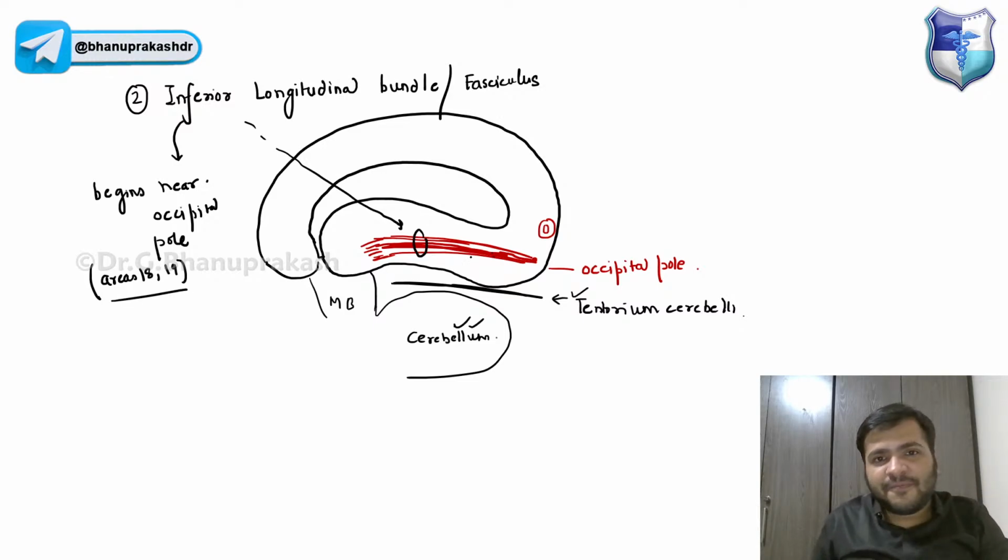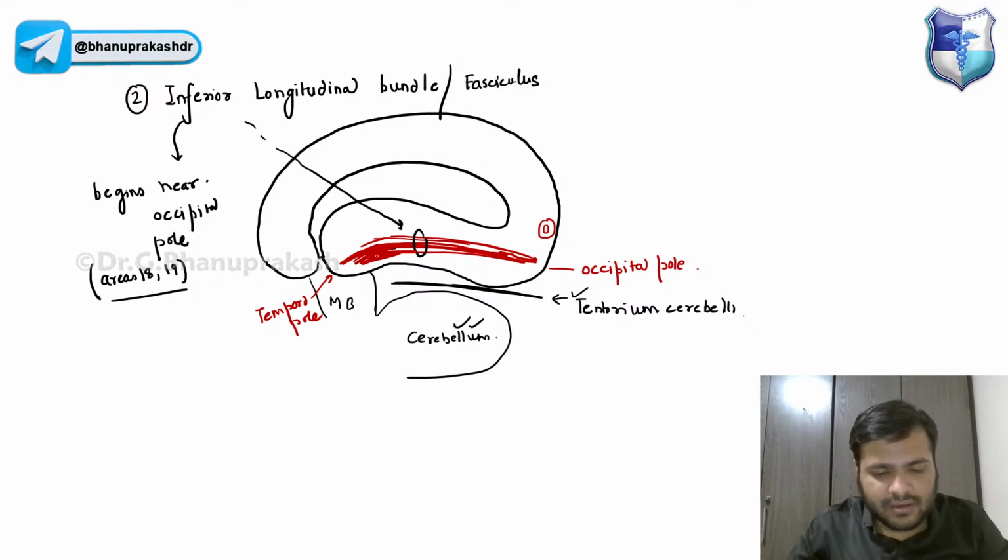Now they will sweep forward, coming closer to the inferior surface of the temporal lobe to end at which pole, guys? We have the temporal pole over here. तो ये आगे आएंगी टेम्पोरल पोल तक, right?